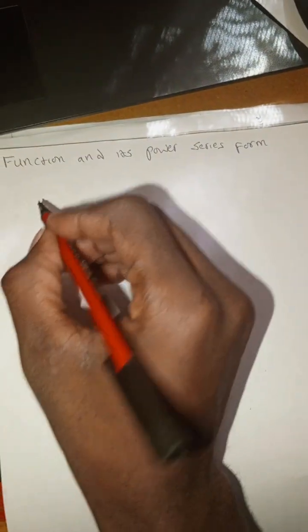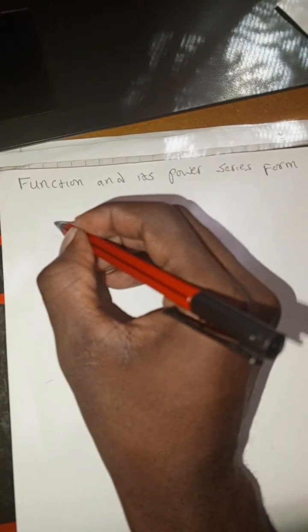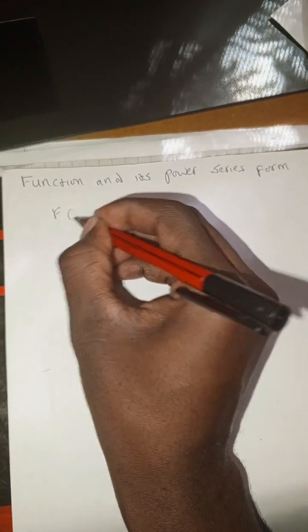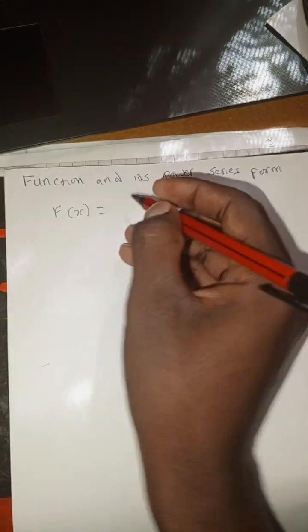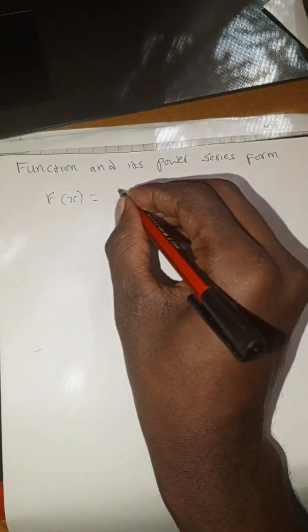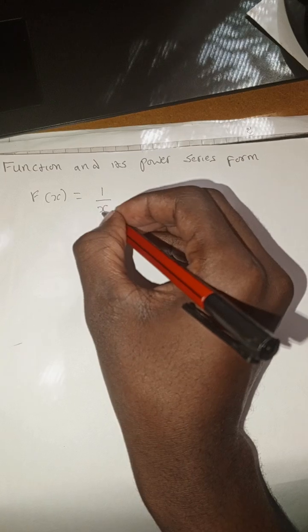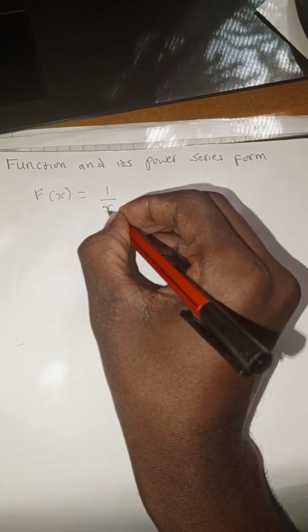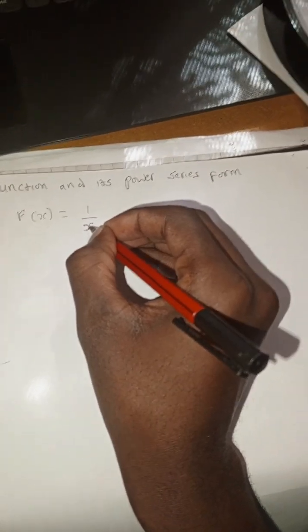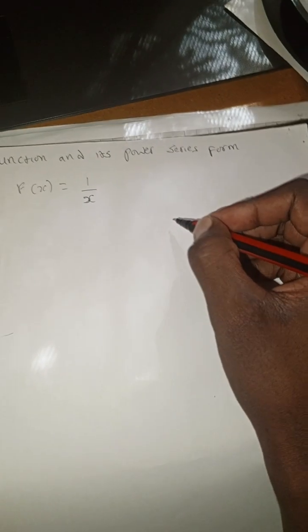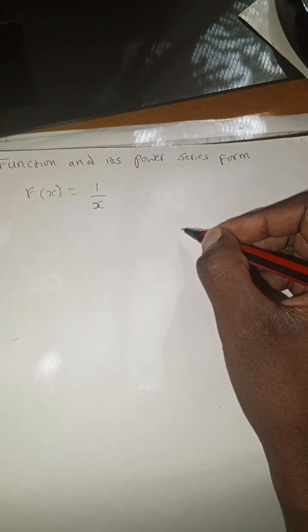For our first function, we're going to have f of x equal to 1 over x. Now we want to find the power series representation for 1 over x. There is one thing we really need to know.